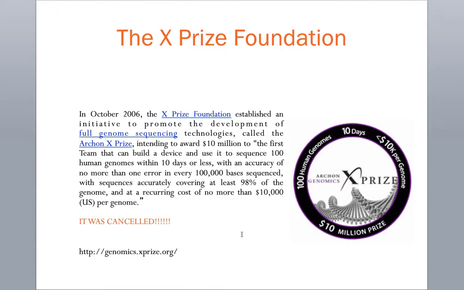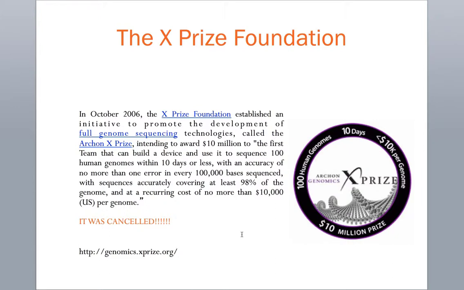I also want to mention something very interesting: the X Prize Foundation in 2006 called for a full genome sequencing technology, for the first team who could sequence 100 human genomes within 10 days or less, with an accuracy of no more than one error in every 100,000 bases.